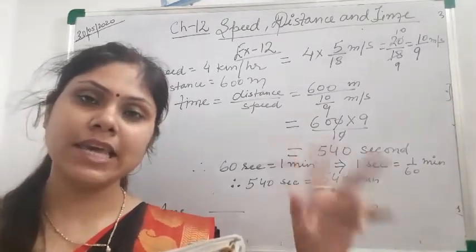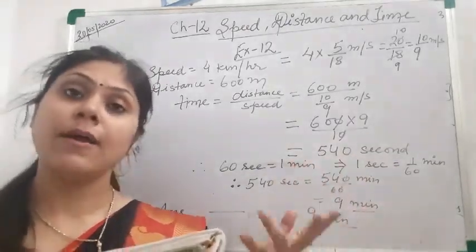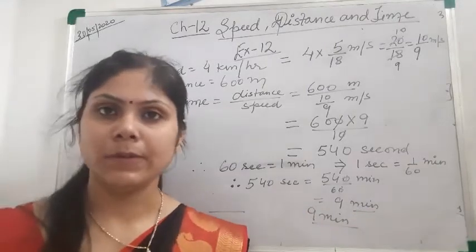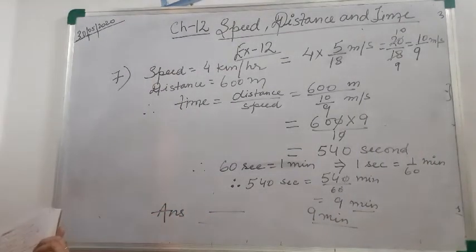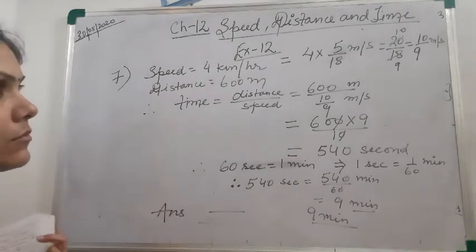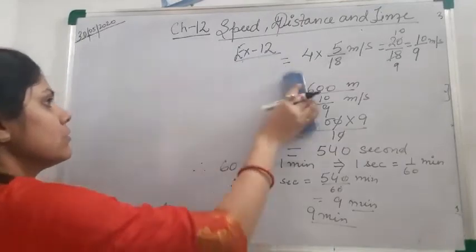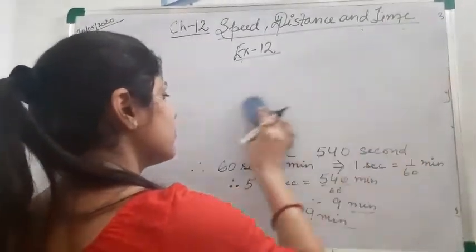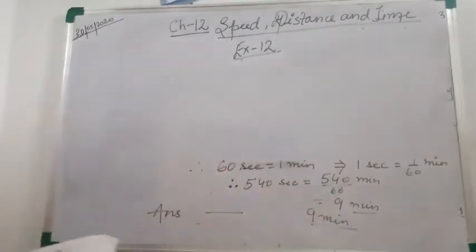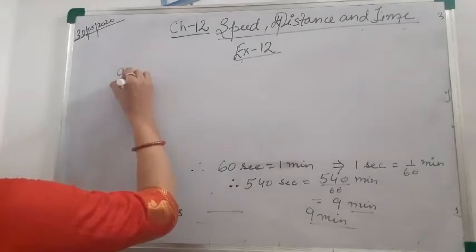When you will get the same unit of both the numbers, both the speed, means you can compare easily, isn't it? Let us do it. Shall I rub? If you are doing, please do fast. Let us come to 9th question.